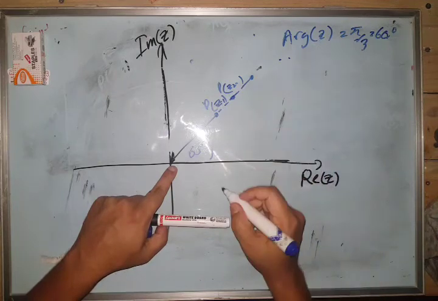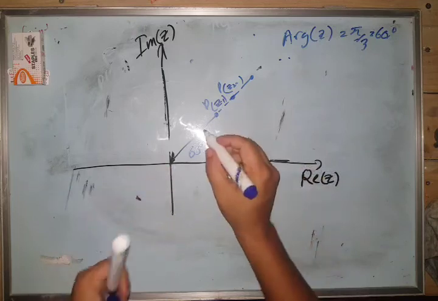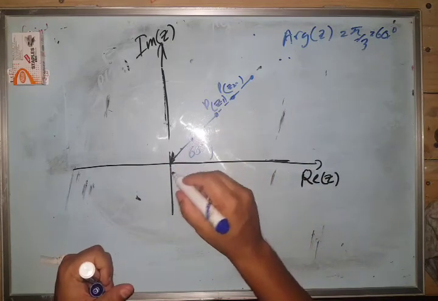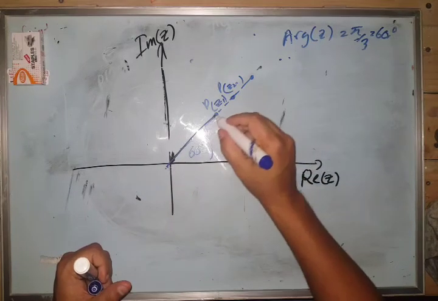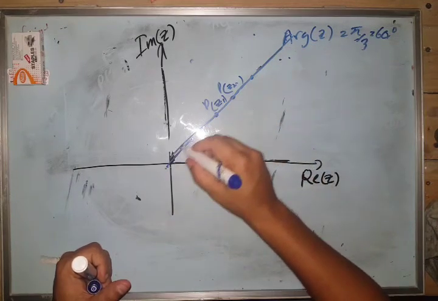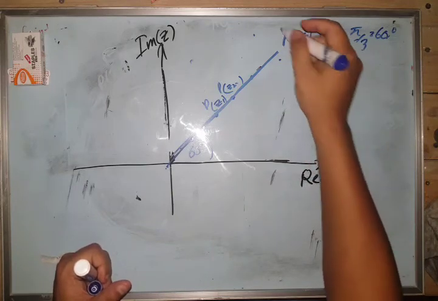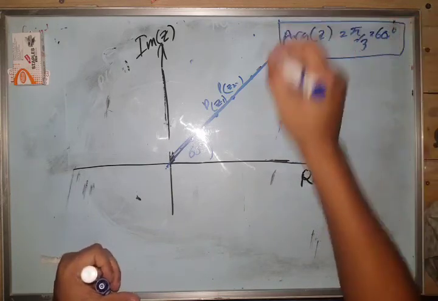What about another point? This one will also have an argument of 60. So you can deduce that any complex point on this line will satisfy this requirement.